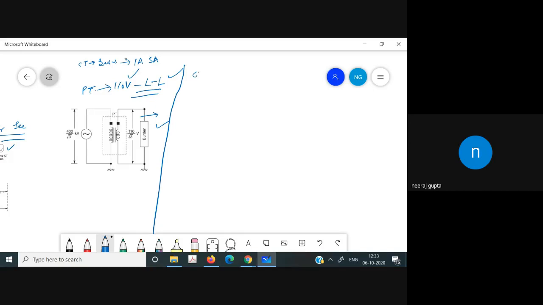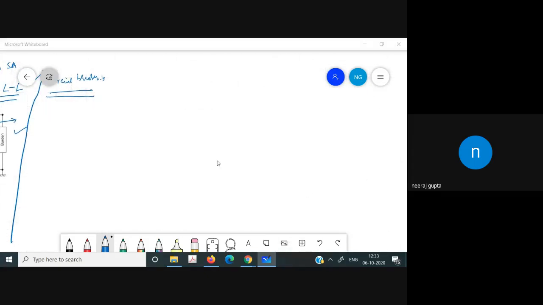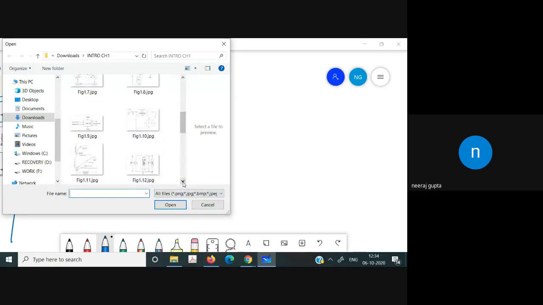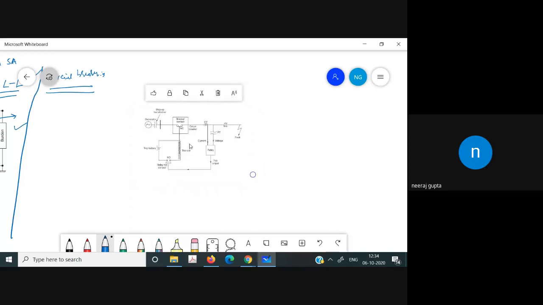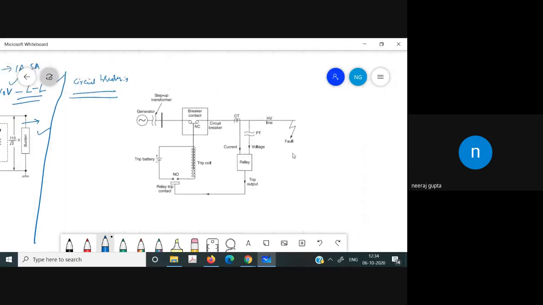This is the basic idea. I'm giving you the basic idea. So this is the basic schematic of the circuit breaker.